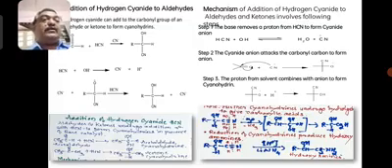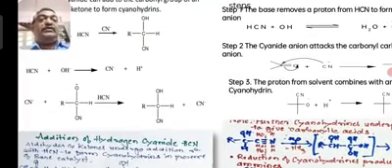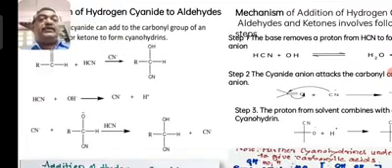Now let us see this reaction. Already you have learned the addition of hydrogen cyanide to aldehydes and ketones. Hydrogen cyanide is HCN. HCN ionizes to form CN minus and H plus. Here, when hydrogen cyanide is added to the aldehyde or ketone, cyanohydrins are formed, R-CH(OH) with CN group.